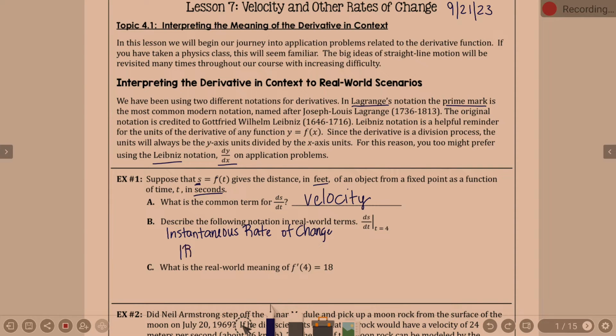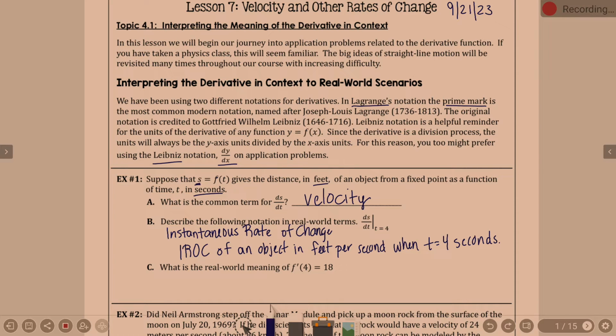So this is the IROC of an object in feet per second when t equals 4 seconds.